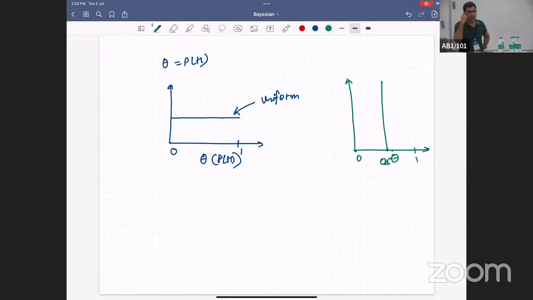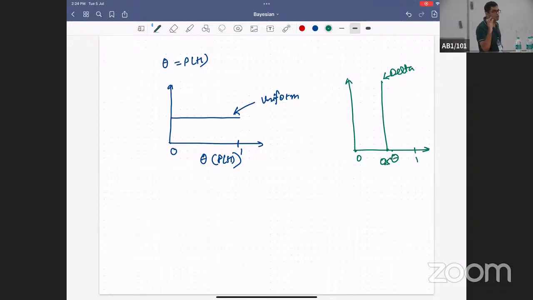0.5. All of the mass is at 0.5. So what is this distribution called? Yeah, Dirac delta or delta distribution. All of the mass is at a single point. If you have this kind of a prior, you're saying that you are very, very sure that the coin is unbiased.